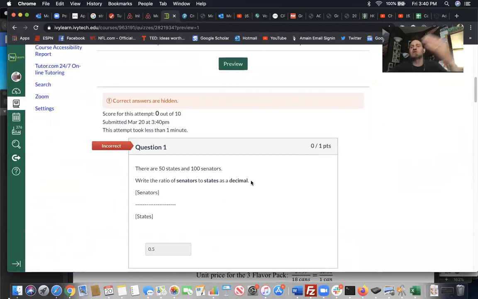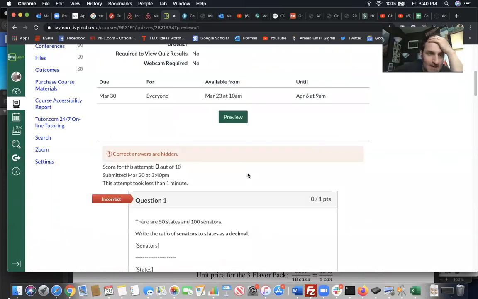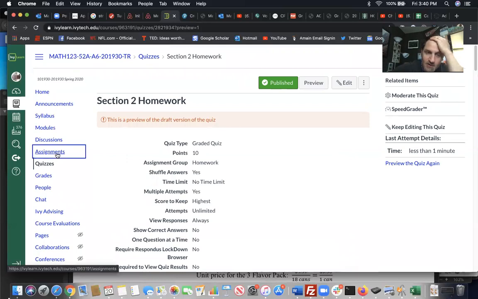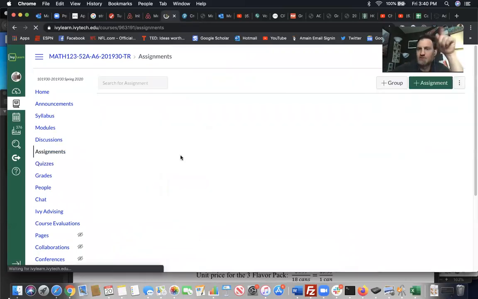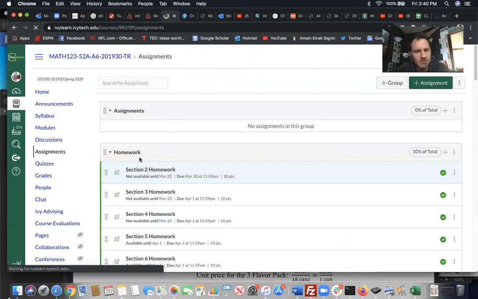And so then once I've got the feedback, then I need to figure out, well, what went wrong, right? Do I need to read it more carefully? Do I not understand how to make a ratio and turn it into a decimal? Something like that. That's a big part of the cycle of learning, is using the homework to check in on yourself. It's not a big part of the course. If you go to the syllabus and you look at the weight of the homework, it says only 10% of the course.